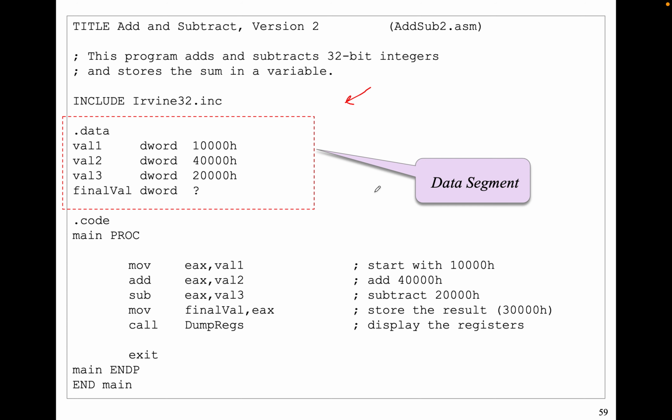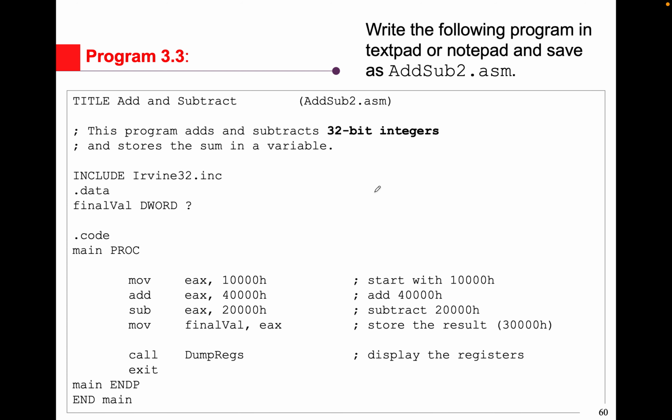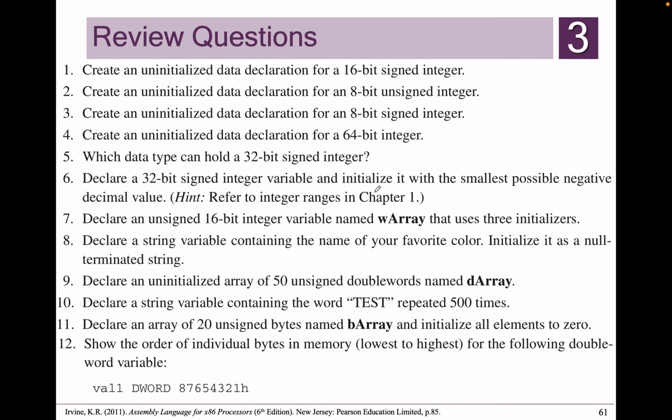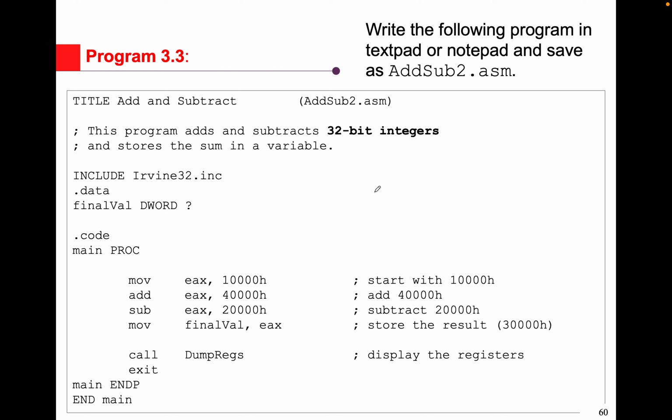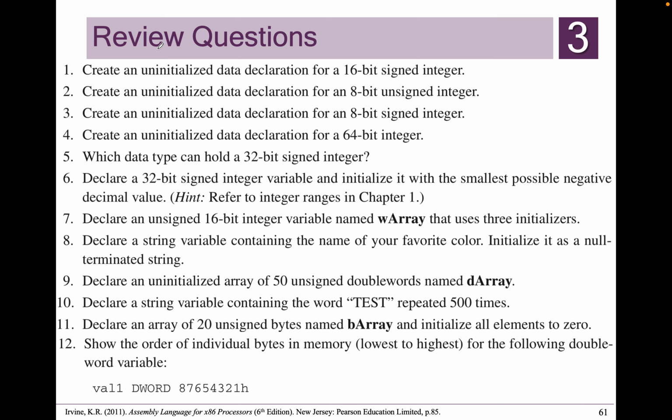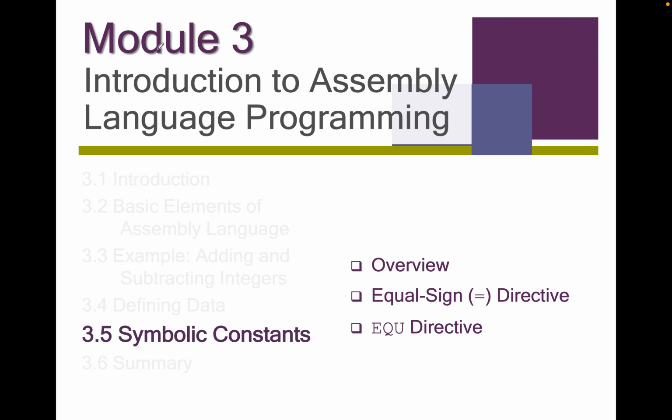You can try to copy it also, and write the following program in a text box or Notepad and save it as AddSub2.asm. You can try to run it and look at your final answer in your Visual Studio. Please try to do it and try to run it, okay?